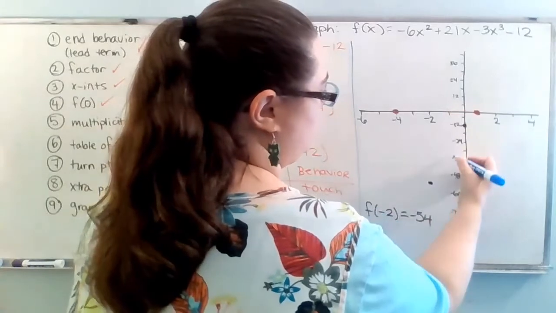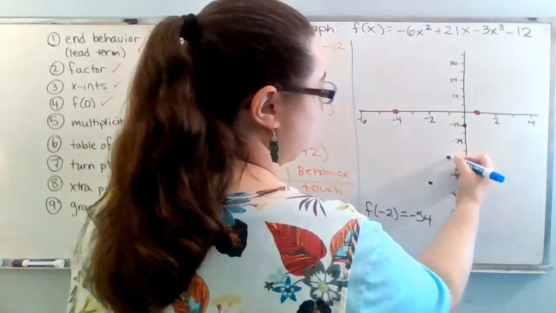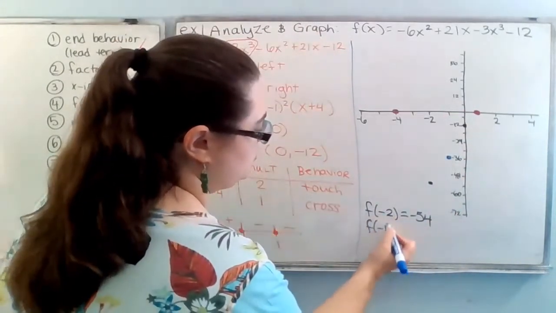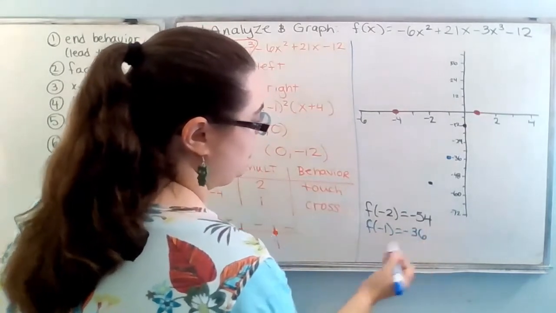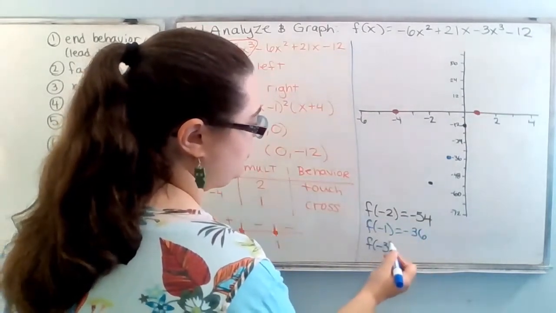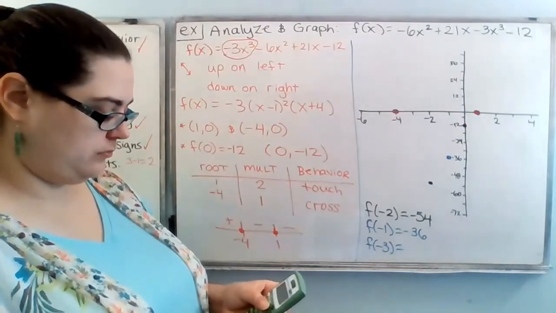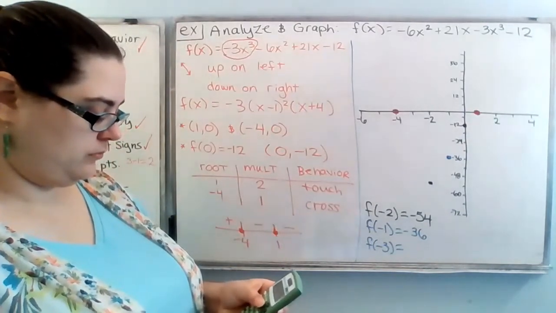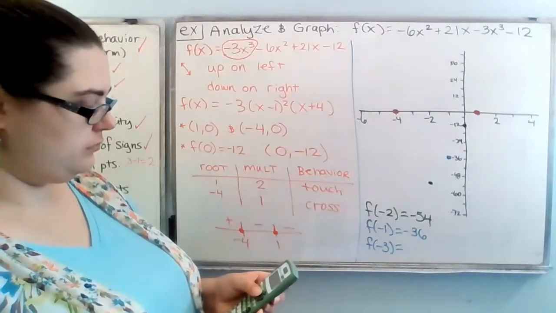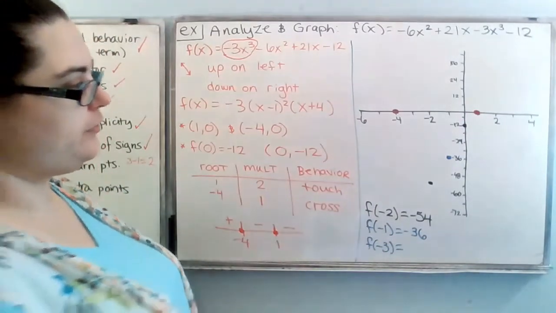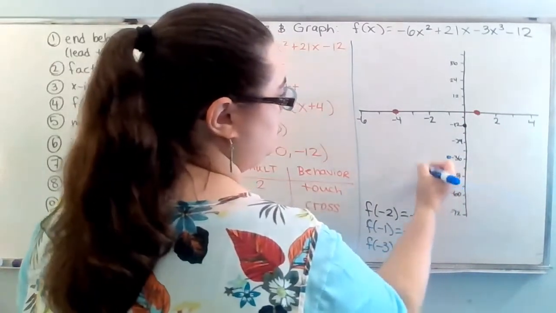So at -1, we're -36. And let's find f of -3. That gives me -48. Okay.